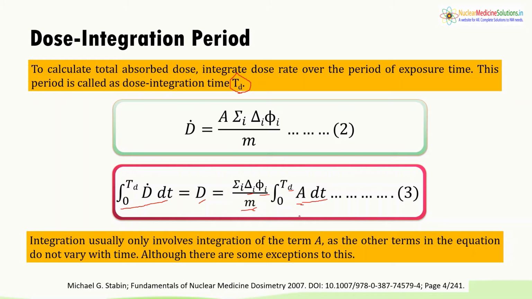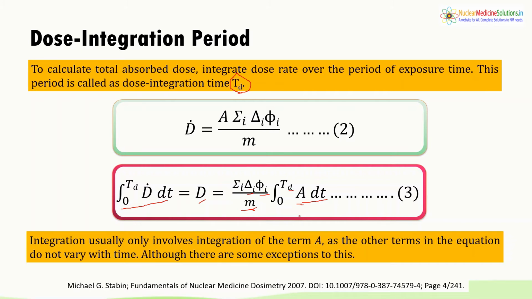But another study in 2009 suggested that there is no such thing. Phi i may change depending upon the position of the radioisotope within the organ, and the mass of the organ may also change depending upon the efficacy of therapy. But for the time being, let us consider all these terms as constant.